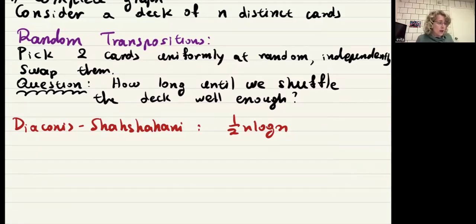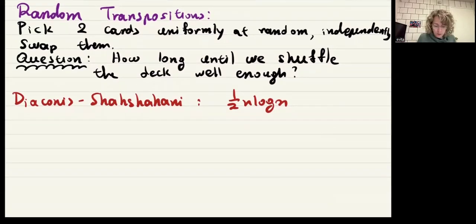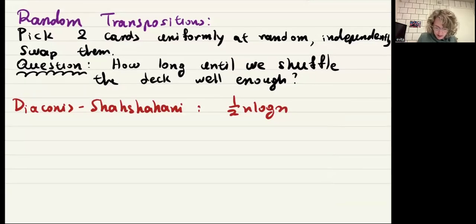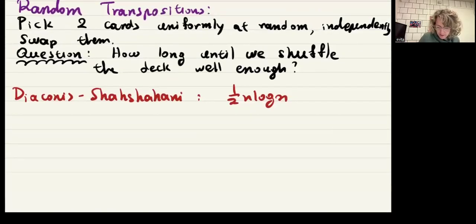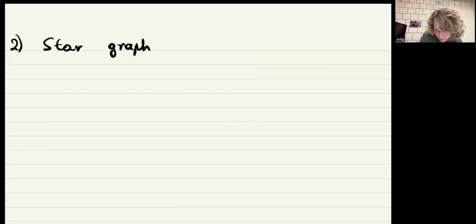The other interchange process I will be talking about today is, well, perhaps let's go to a new page. What happens if we consider the star graph? Now there is one node that is connected to everyone else, and possibly we also add a loop at each vertex.